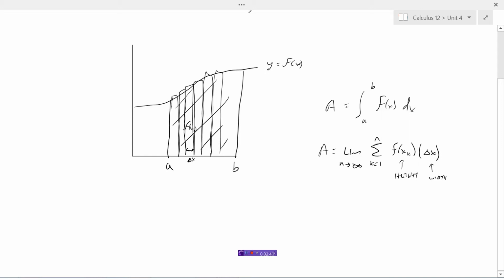Well, I think you could see, though, that instead of adding up a whole pile of rectangles just to find the area, there could be one big rectangle, might look something like this, that would have the exact same area. Yes, here we're a little bit higher than what we should be, but over here we're a little bit lower.